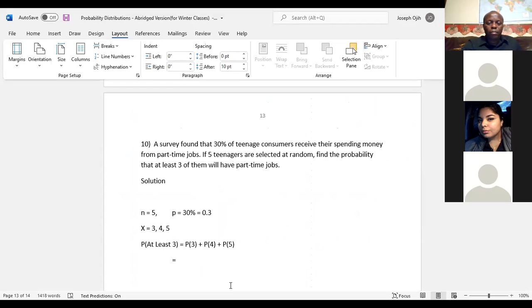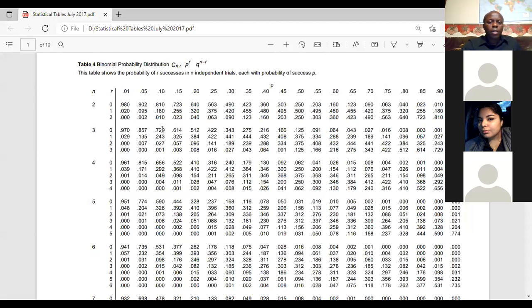So for X equals 3, our P is 0.3. From here, you go to N5, which is right here. See, N5, and X starts on 3. From 3, you go under 0.3. You can see right here. Maybe I should make it bigger.